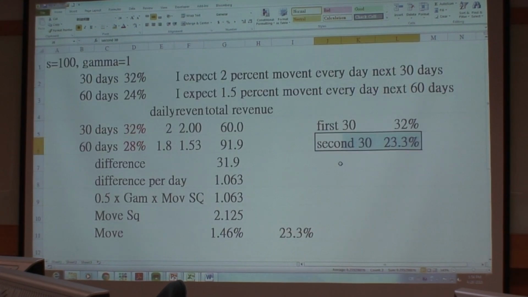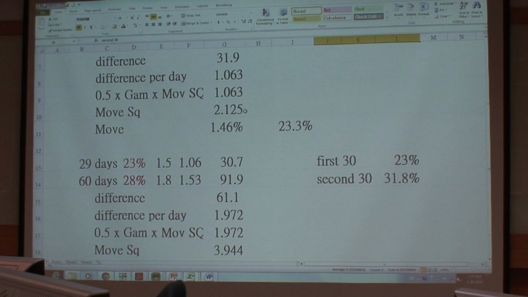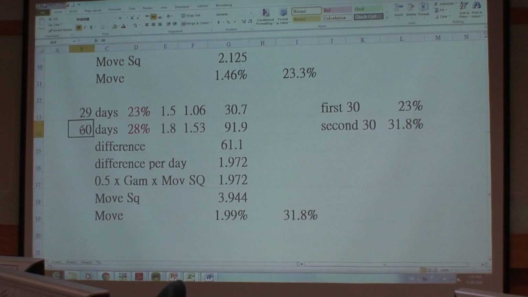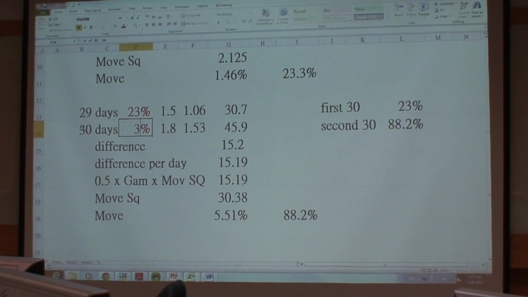So the second set of 30 days, no real movement, is comparable to the 29 out of the first set of 30 days. So now I know I have 29 days at volatility 23.3, and I have 30 days at volatility 32.